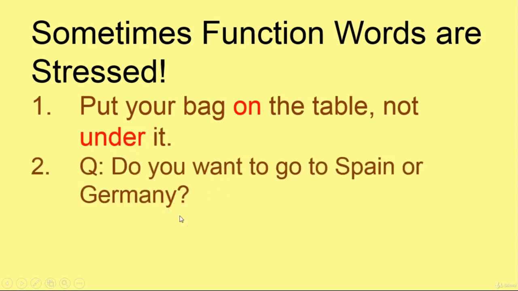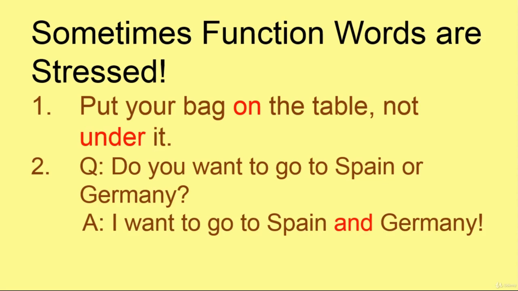Here's a question. Do you want to go to Spain or Germany? Now, I'm giving a choice here. You can either go to Spain or Germany, but not both. But I want to go to both places, so I answer, I want to go to Spain and Germany.